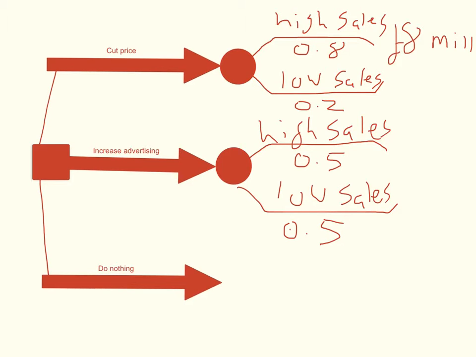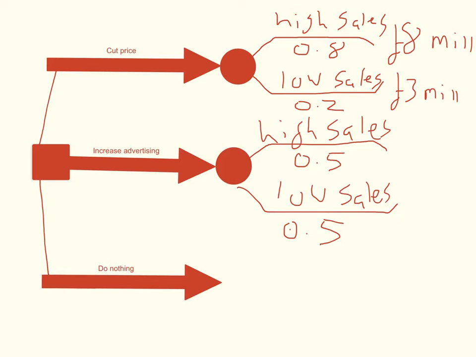But because there's a 20% chance of low sales occurring, this means that it will only lead to a 3 million increase in revenue. So these are the revenue figures, not profit. So it will lead to an increase of 8 million revenue, an increase of 3 million revenue.